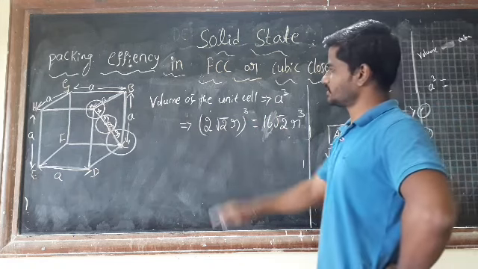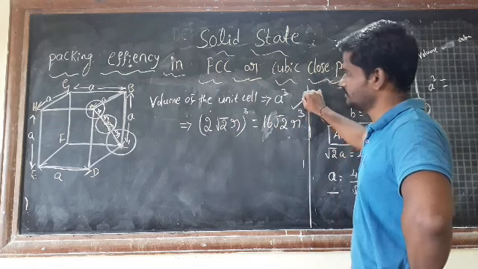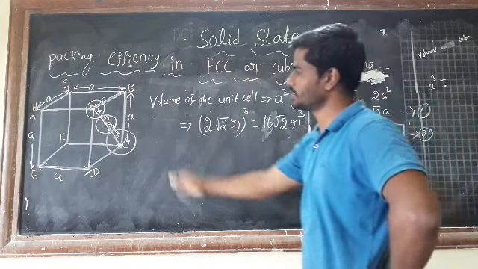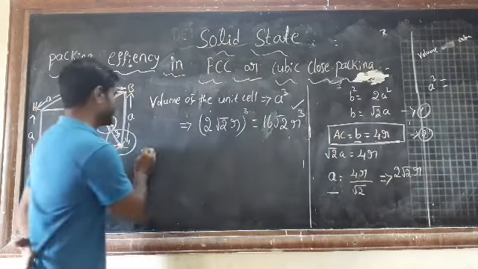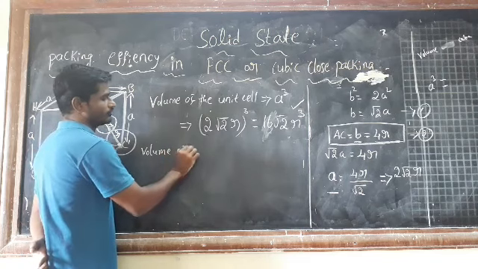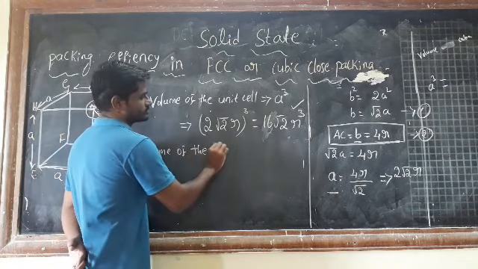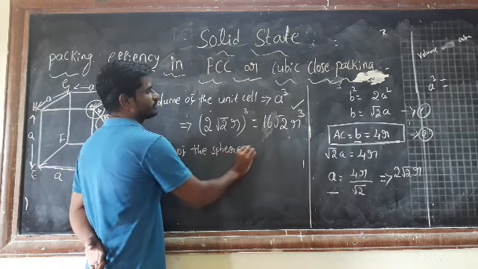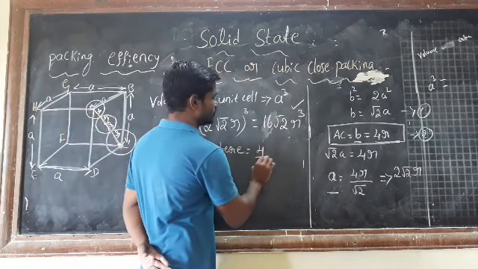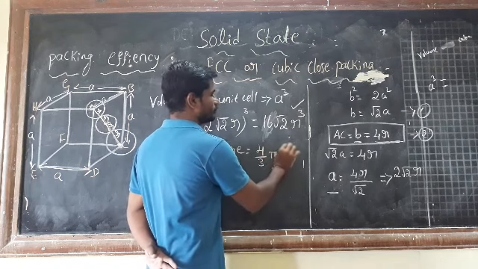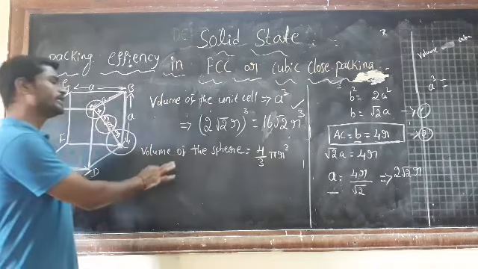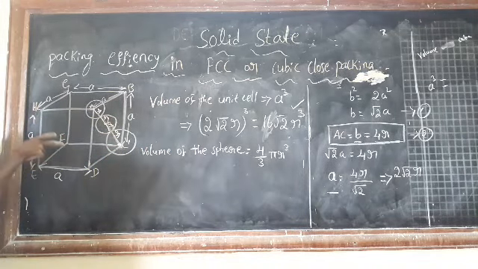Next, we want the volume of the sphere. You know that the volume of one sphere is equal to 4 by 3 pi r cube. How many spheres are present in the FCC?